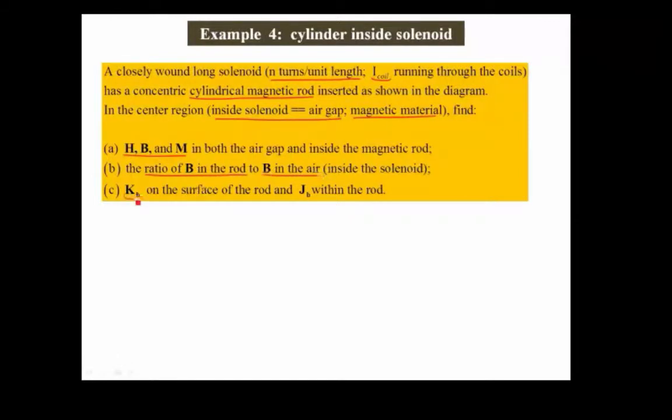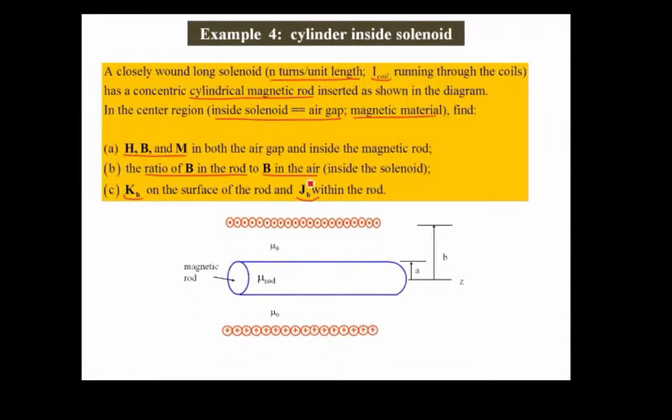And the surface current density on the surface of the rod and the bulk current density within the rod. And these are the bound currents. There are no free currents inside the material. They're all in the solenoid coil. So here's what it looks like. You have the solenoid out here at radius B, and you have the radius of the magnetic rod A, and these are concentric, so the symmetry axis is right down the middle of both of these cylinders.